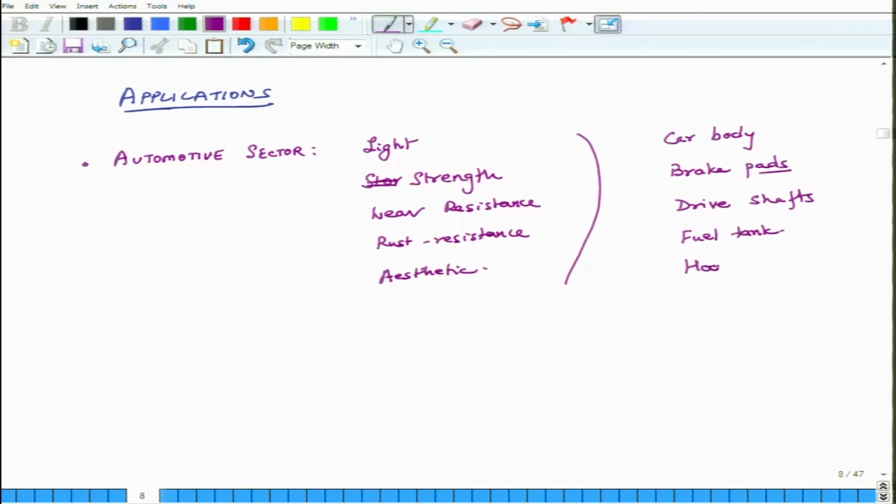Hoods, or what you call bonnet, same thing. Spoilers, okay. And then there are several other places. So, this is why we use composites in cars and trucks and SUVs and things like that.